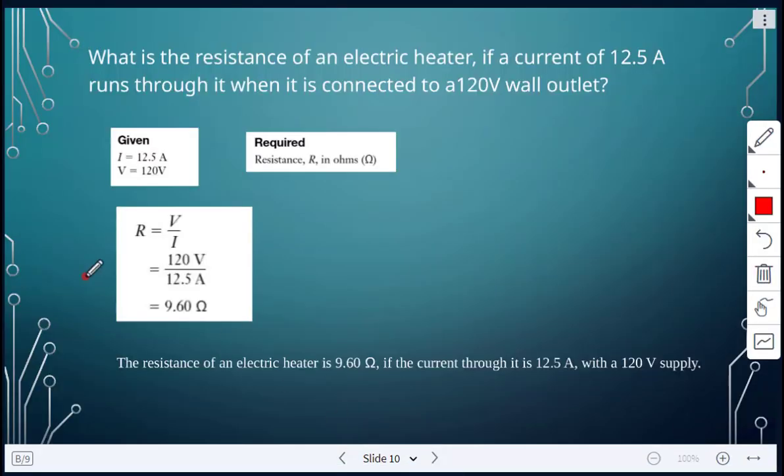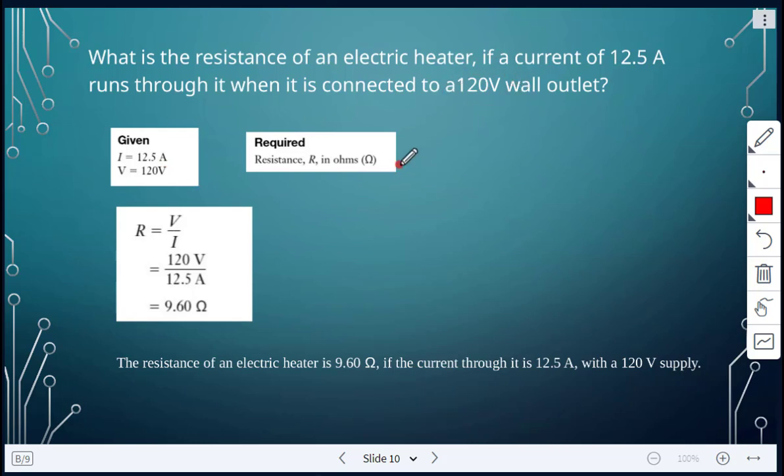So here's another example. What is the resistance of an electric heater if a current of 12.5 amperes runs through it when it is connected to a 120 volt wall outlet? You start with what's given. We know our current is 12.5 amperes and our voltage is 120 volts.